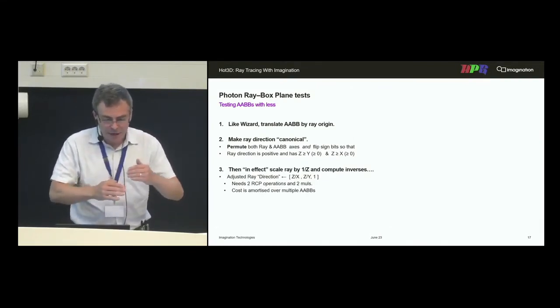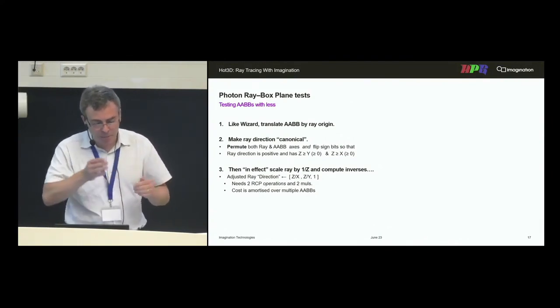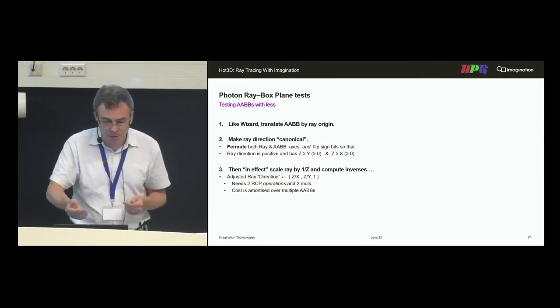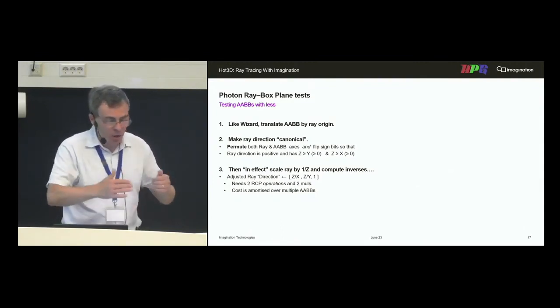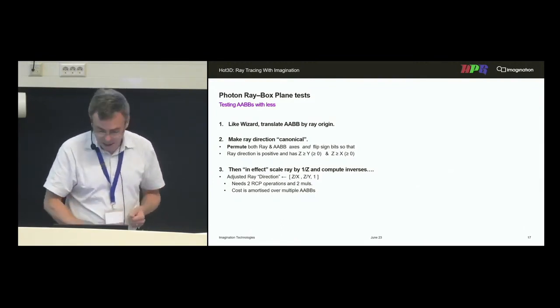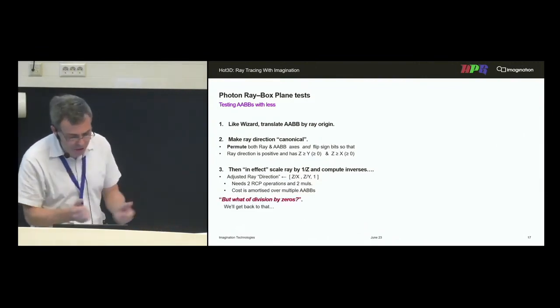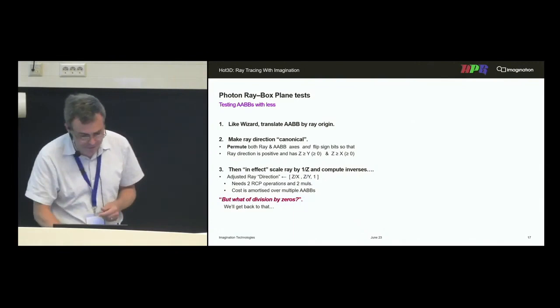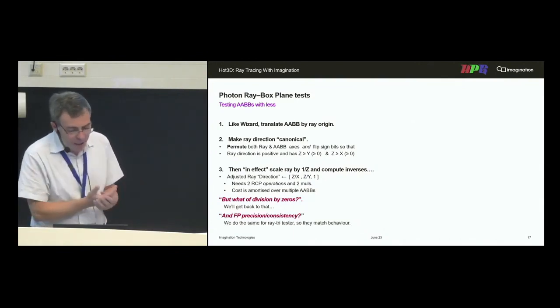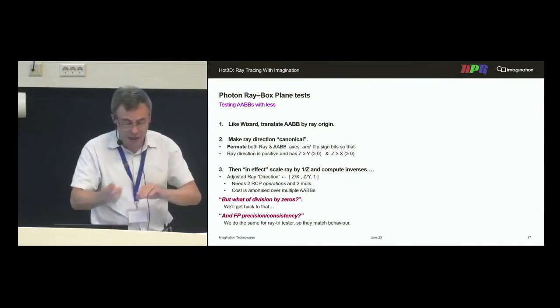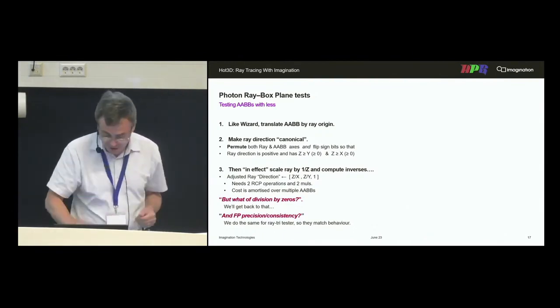So the ray direction becomes Z divided by X and Z divided by Y, 1, which needs 2 reciprocal operations and 2 muls. That cost is amortized over multiple AABBs. But what of division by 0, you scream? Well, we'll get back to that. And FP precision and consistency, well, we used exactly the same operation for the ray triangle tester, so everything is consistent.